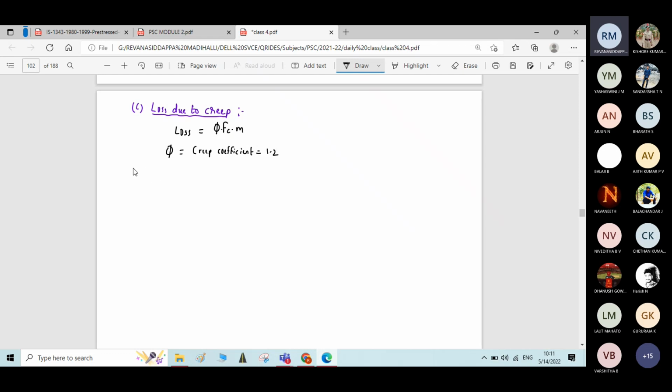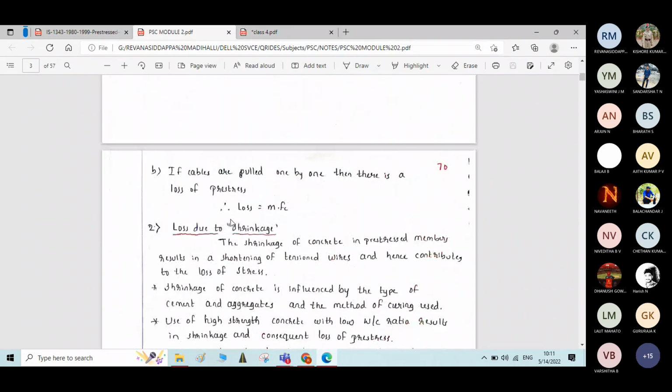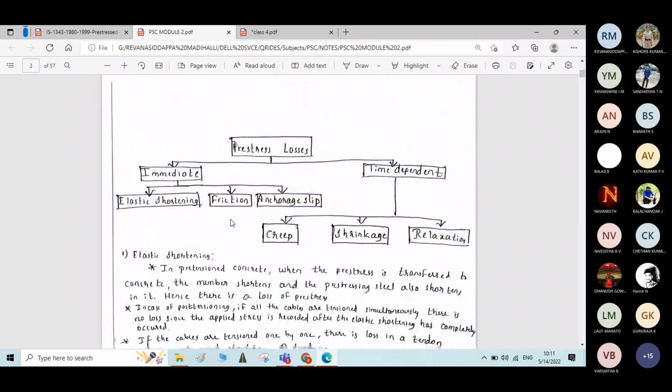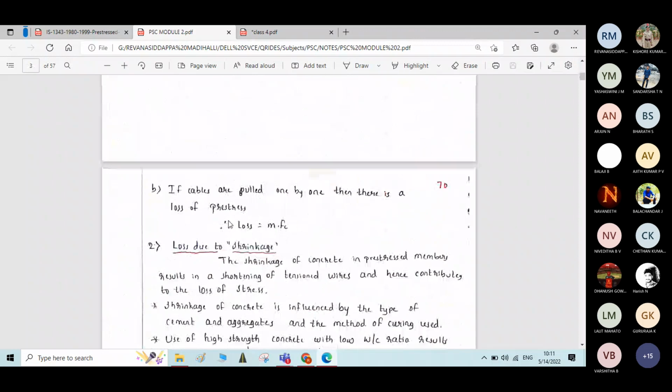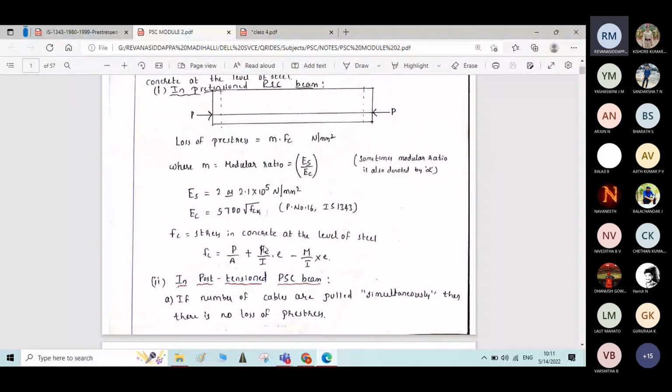Okay, now write the side line as calculation of FC. Okay, for calculating FC also we have the formula, correct? Yes, here we have the formula to calculate the FC.